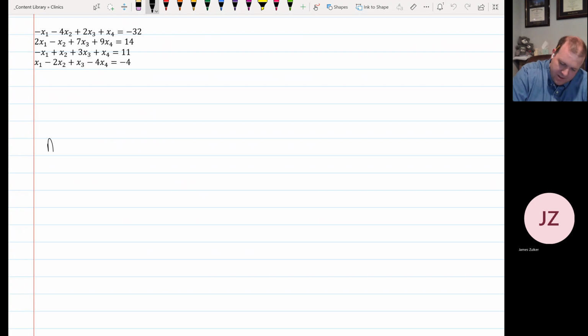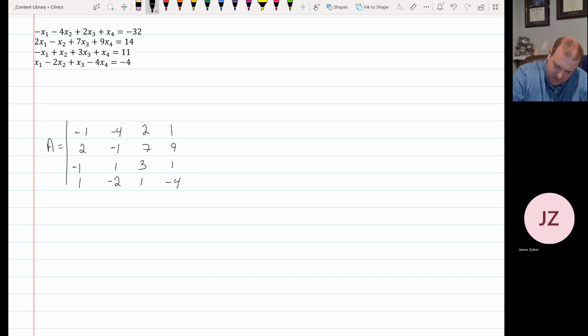So we want to set up our coefficient matrix: -1, -4, 2, 1, 2, -1, 7, 9, -1, 1, 3, 1, 1, -2, 1, -4. And we still want our constant vector b: -32, 14, 11, -4.